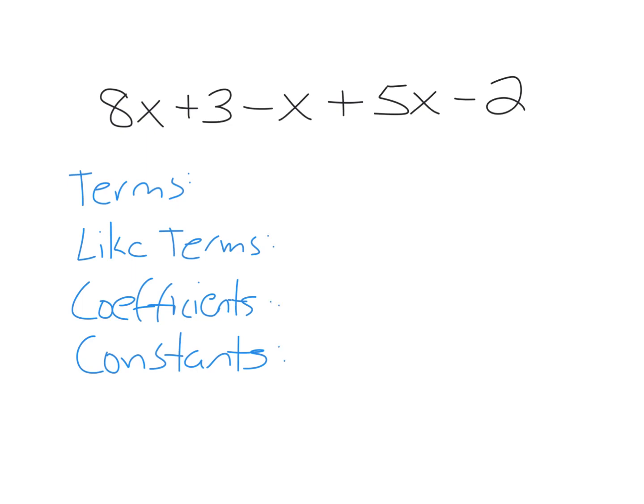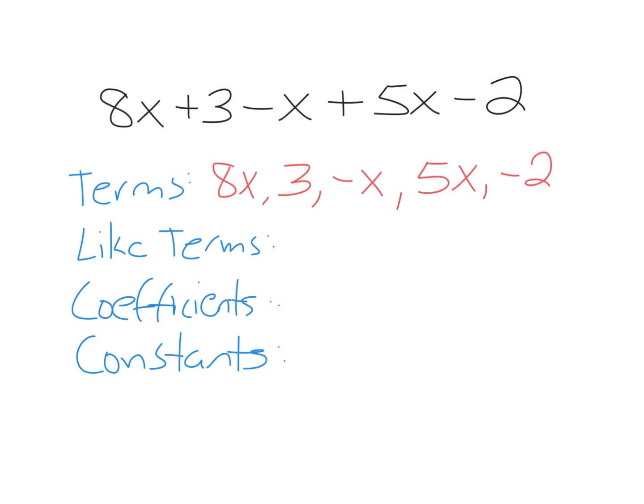What does term mean? Each individual piece, right? So 8x is a term. What else is a term? 3, keep going. Negative x, right? Remember, subtraction also serves as negative. Okay, what else? 5x and?